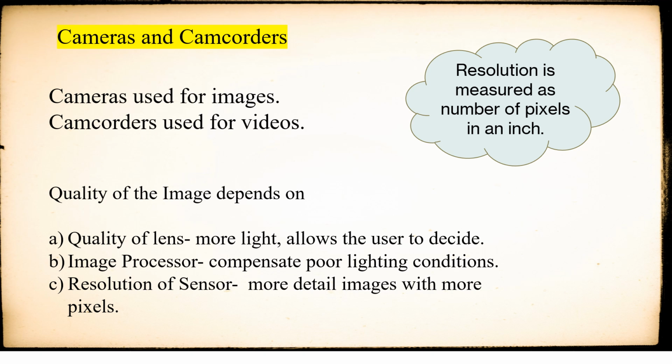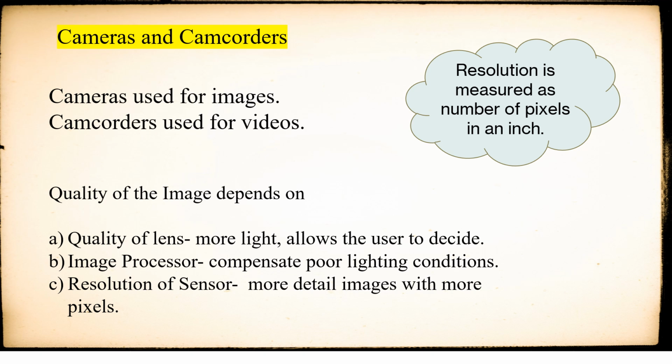Then, when you talk about the image feature of a camera or camcorder, it mainly depends on the number of frames per second. As the number of frames in a second increases, the result will be better. So 24 frames per second is better than 6 frames per second.